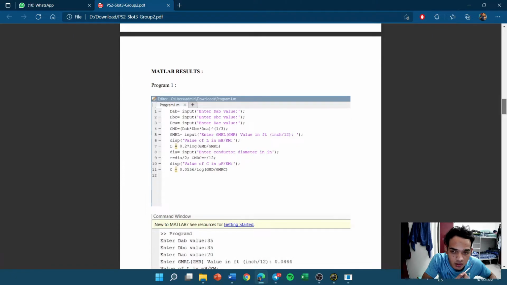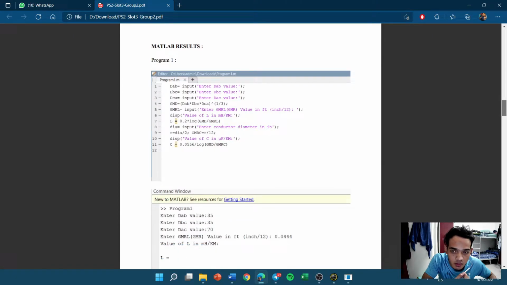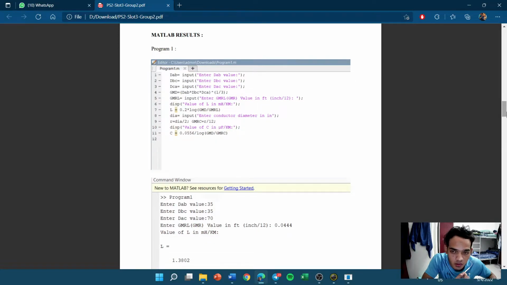After that, this is our MATLAB result for exercise 1.